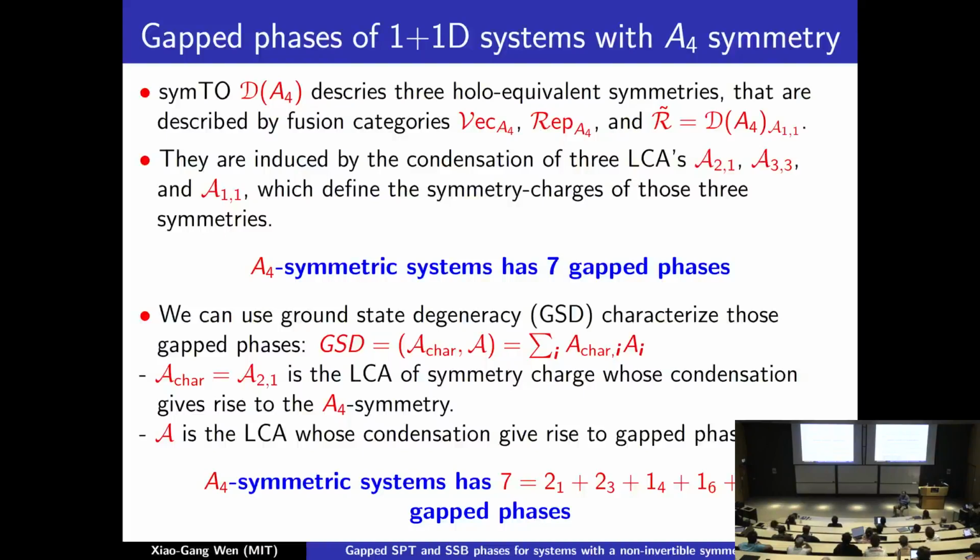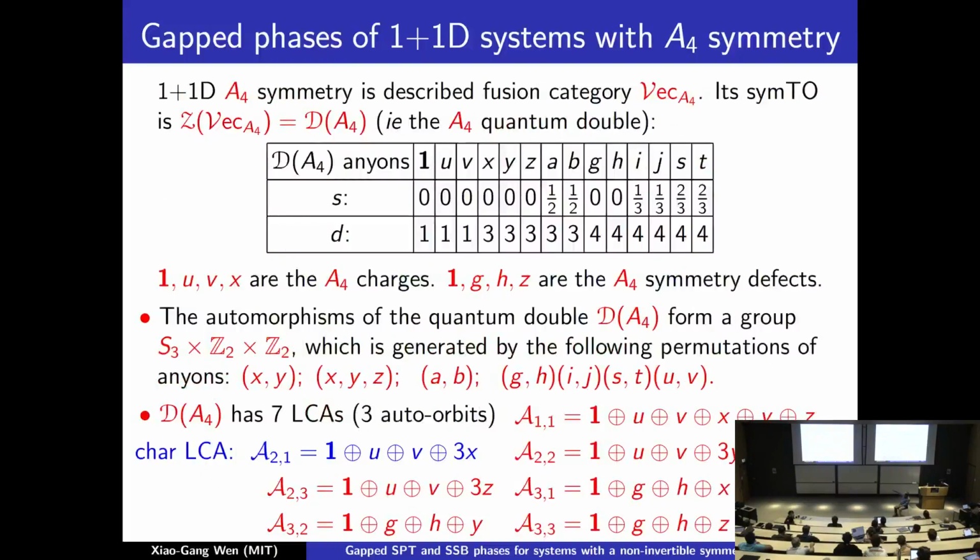Then there's a third symmetry, which I don't know how to name because there's no common name. It's just the boundary of this A4 quantum double induced by this A11 condensable algebra. A11 is also a Lagrangian condensable algebra. You can condense that to produce another symmetry. This symmetry turns out to be anomalous.